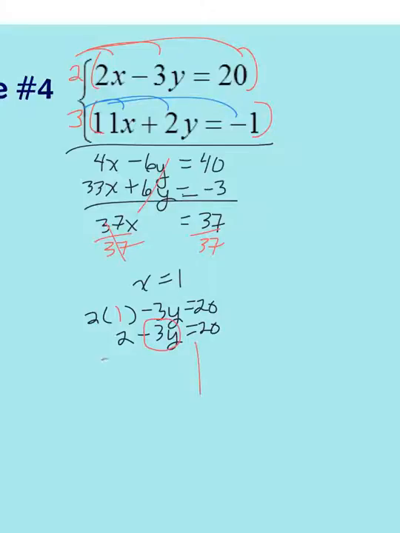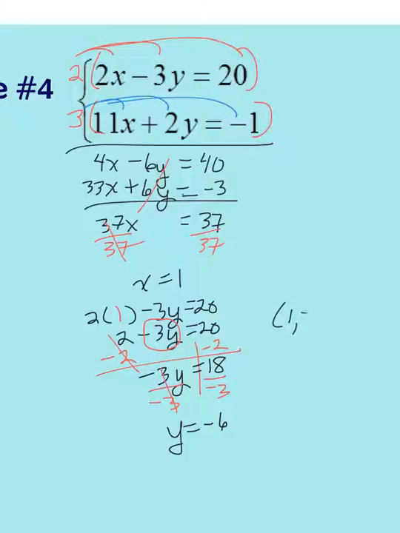Solving for y, subtract the 2, and you get negative 3y is equal to 18. Finally, divide by negative 3, and you get y is equal to negative 6. So your ordered pair is (1, negative 6).